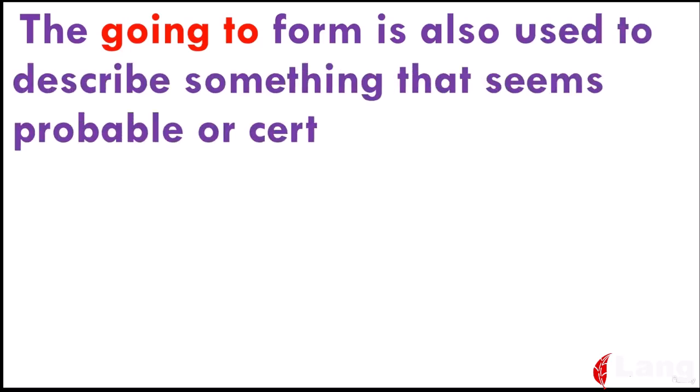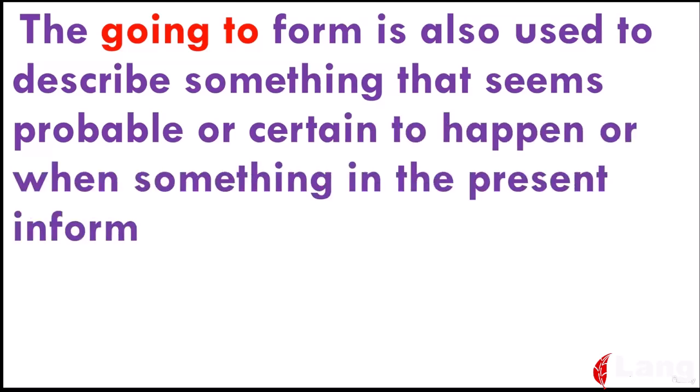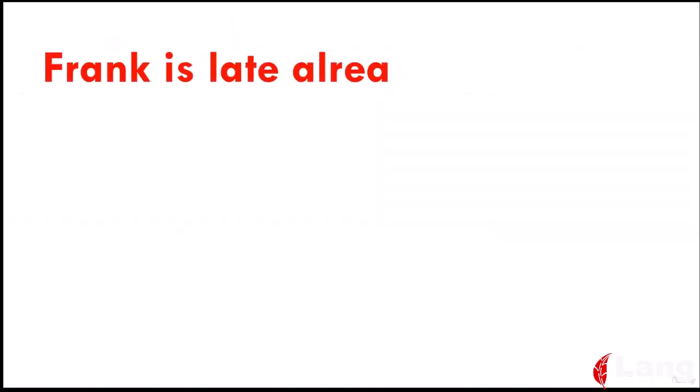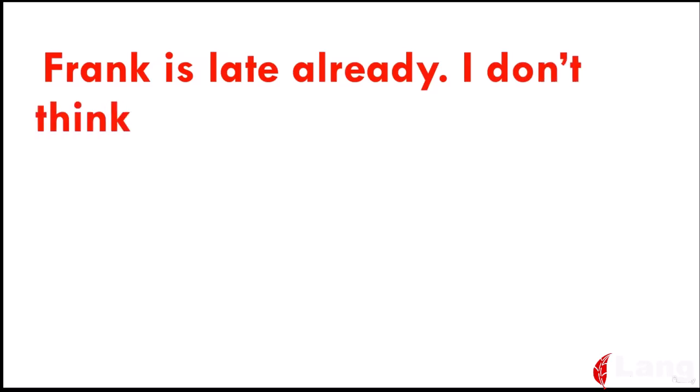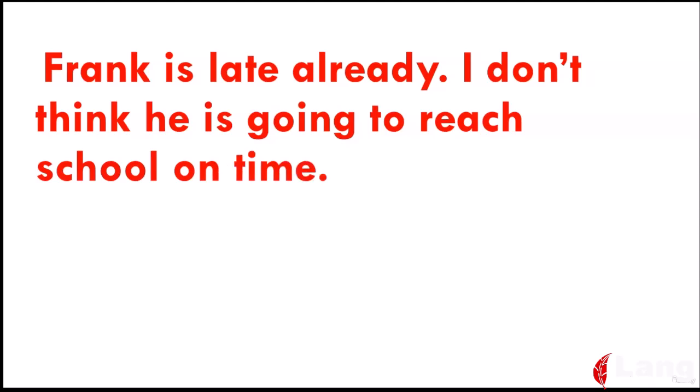The going to form is also used to describe something that seems probable or certain to happen, or when something in the present informs about the future. Examples: Frank is late already.